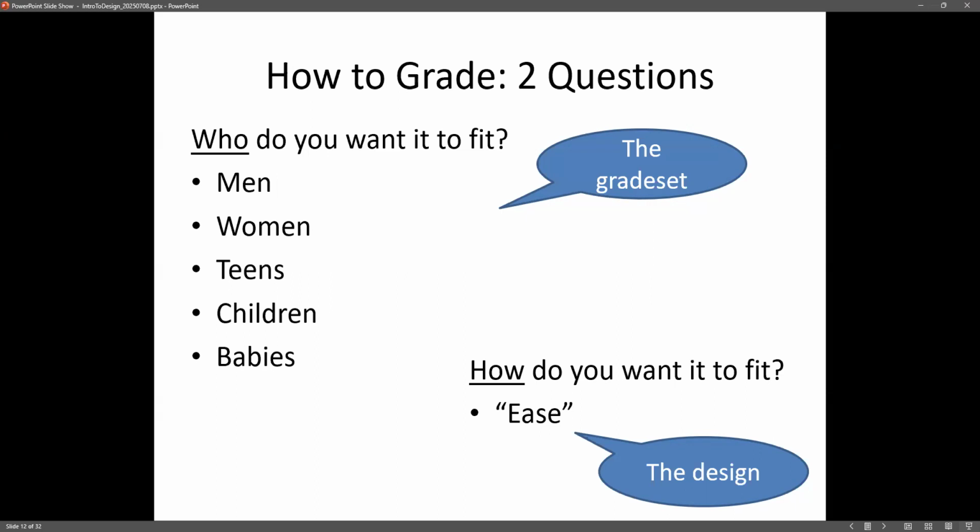What does a grade set look like? A grade set is a set of body measurements. It's a table. I'm trying to think if I've got one in this slide deck. I might need to change slide decks for this. I've got so many slides here that with the images, it makes them very big.